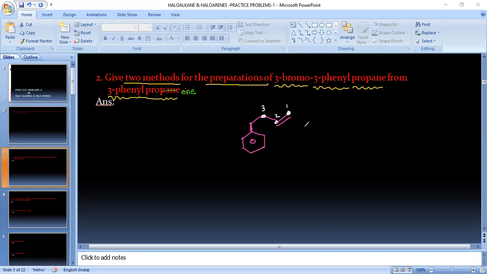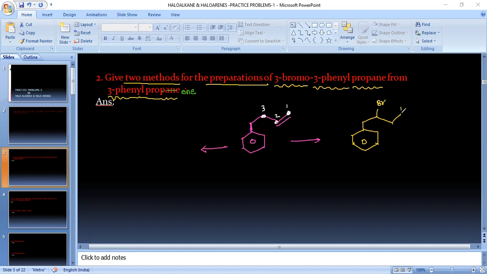Okay, chalo. From this compound, we need to prepare, as better, two methods. Two methods of the preparation of 3-bromo 3-phenyl propane. What is it? 3-bromo 3-phenyl propane. Chalo, first try to write down the product here. This is the phenyl. Okay. 1, 2, 3. Here bromine.